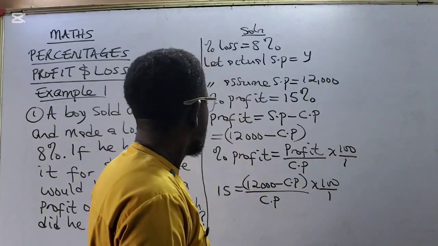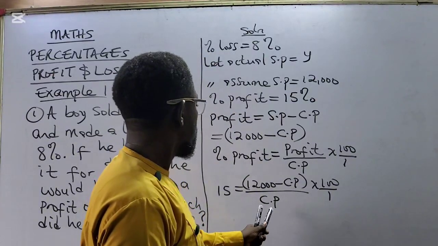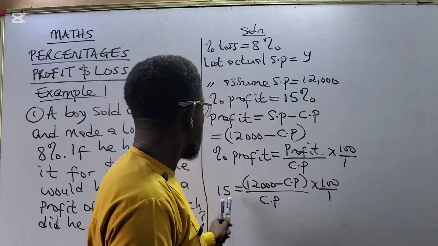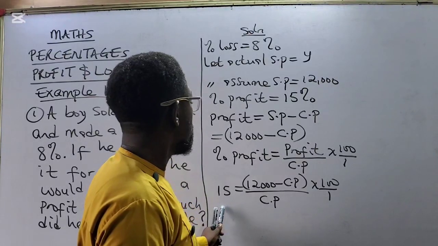The next thing I'll do at this point is to cross multiply. We have CP multiplying 15, which gives 15 CP.